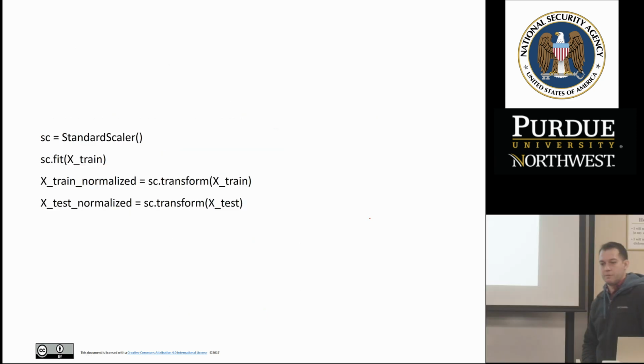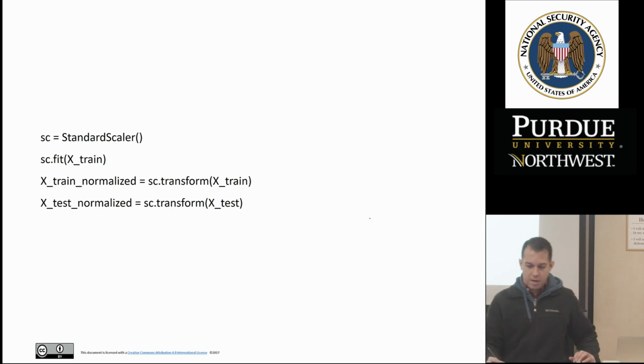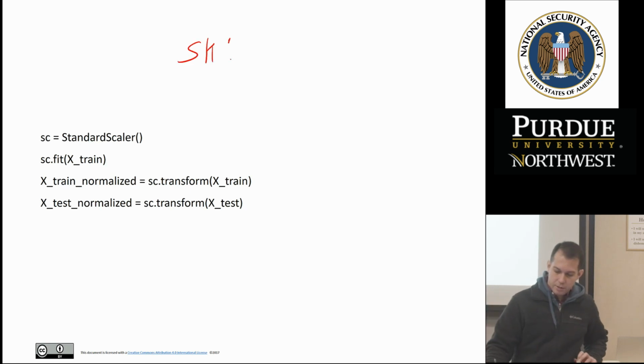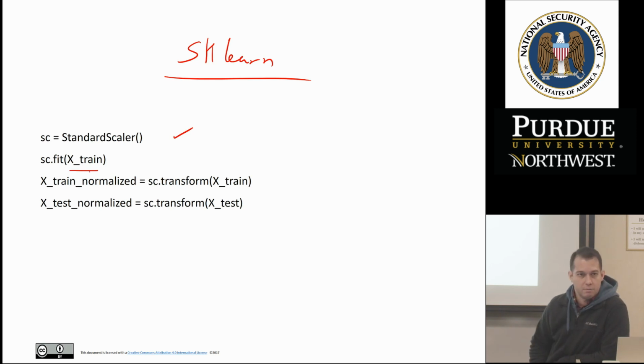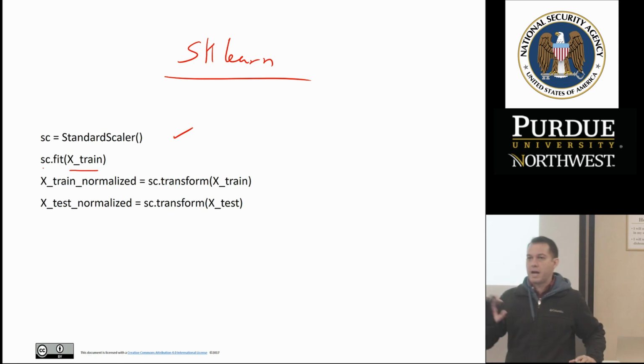Now here's an example of the code, very standard. This is with sklearn in Python. You take the standard scaler, create an object, then you give it your data set, xtrain, and fit a model. Once that model is fit, you apply it to everything else.